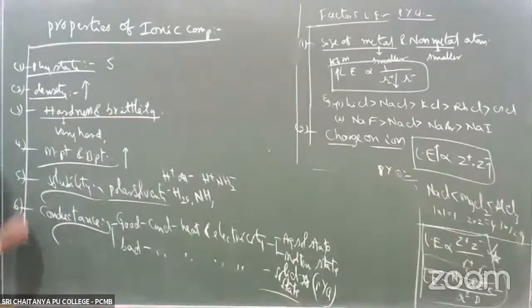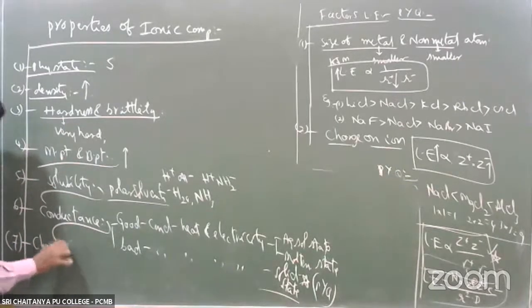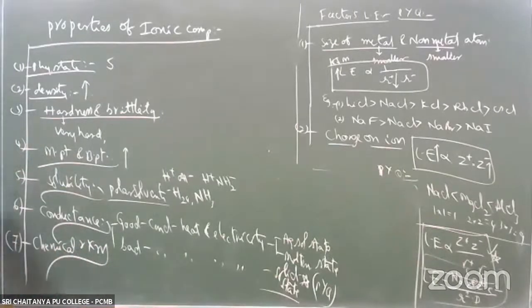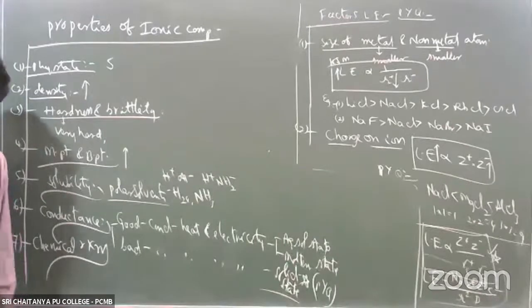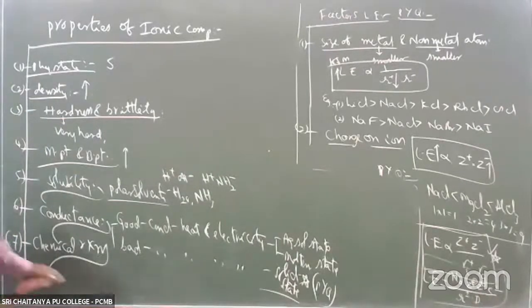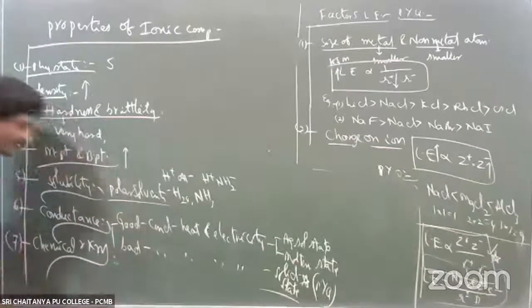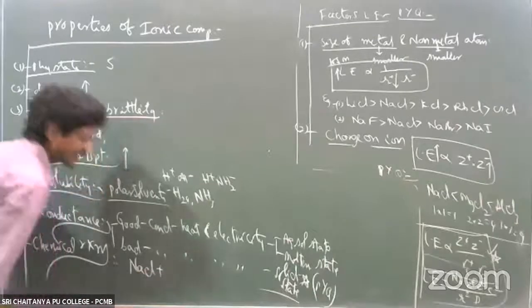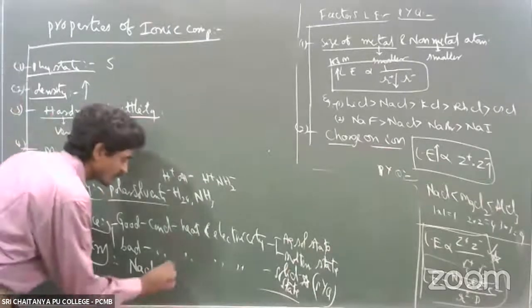Next one: chemical reactions. Chemical reactions between ionic compounds are very fast, instantaneous, within a fraction of a second. For example, sodium chloride reacts with silver nitrate.